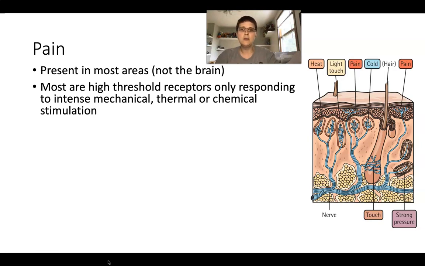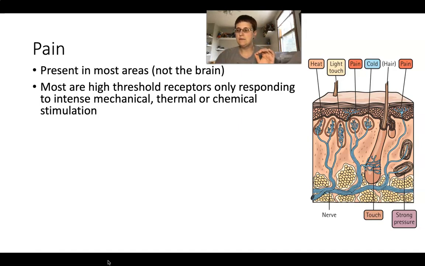Most of these are what we call high threshold receptors, so they're only going to respond to intense stimulation. Small amounts of stimulation, so small pokes and so forth, are not going to create a firing of your pain receptors.